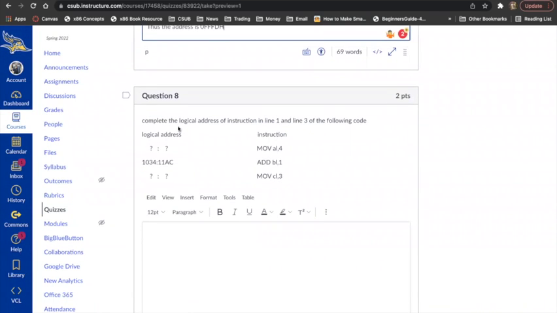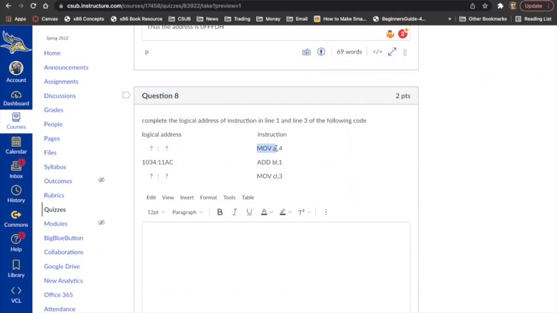Complete the logical address of the instruction. Okay. So first things first, we need to know a couple of things.